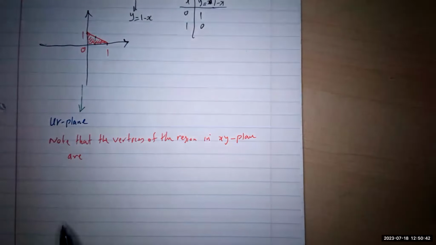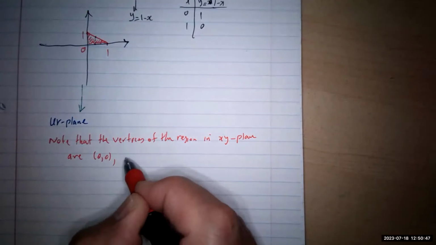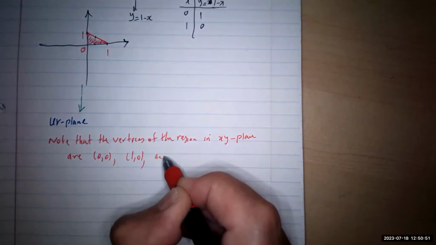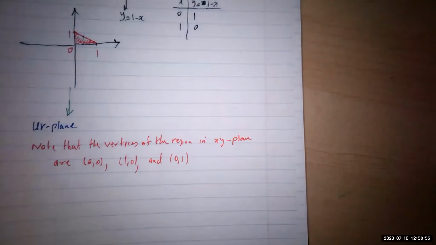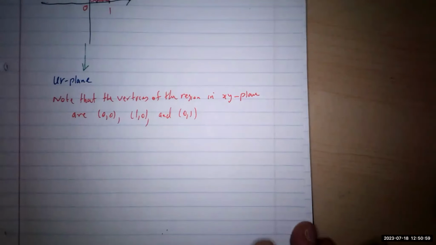What are those crucial points? You have the origin (0, 0), you have (1, 0), and you have (0, 1). So find the corresponding points in the UV plane. Then that will give you the idea of what the region is going to be in this case.